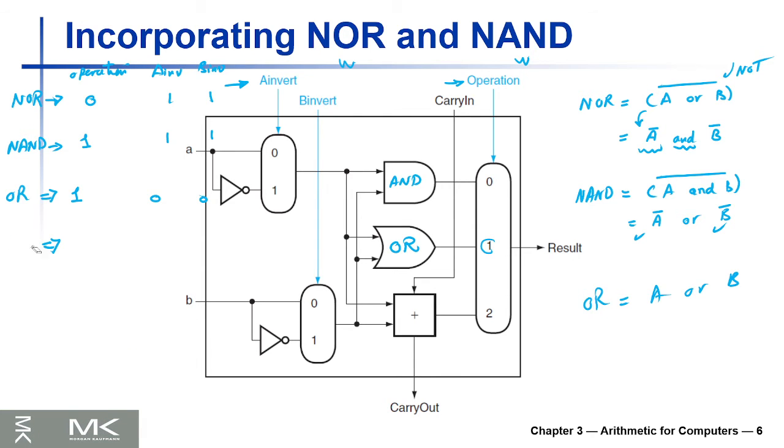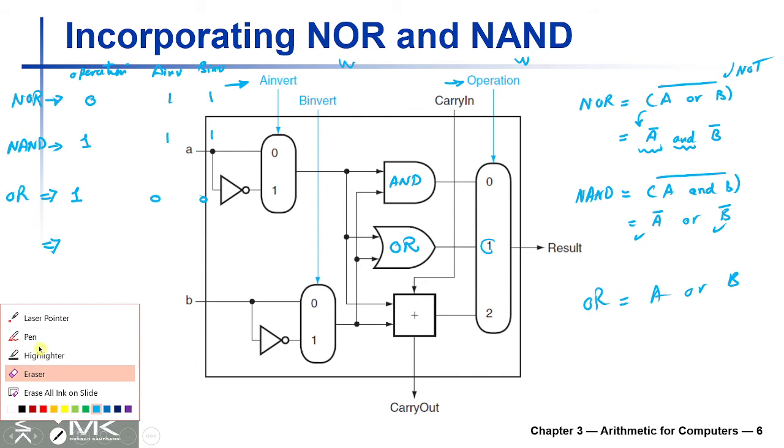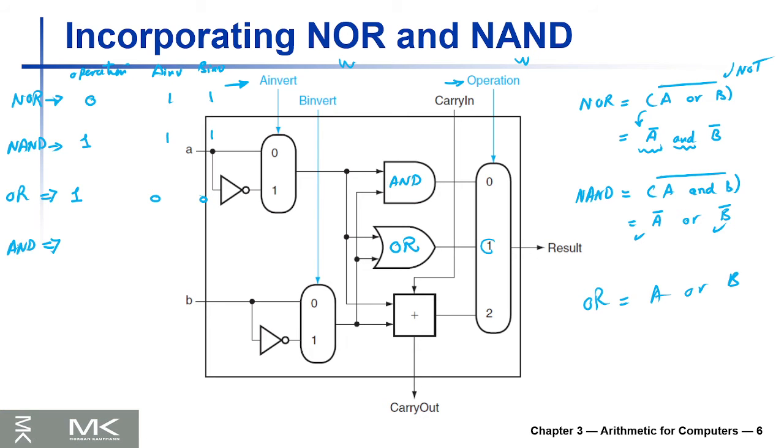I wanted to discriminate between the AND, NAND and the OR, NOR. For the AND, we're going to use 0 here, and A inv, B inv are just zeros. Okay, that's basically how we upgrade to include NOR and NAND.